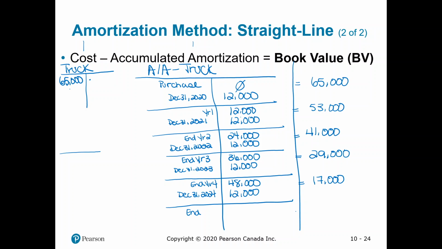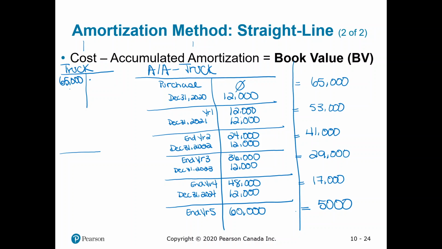Okay, so now I'm getting to the end of year 5. And at this point, my accumulated amortization is $60,000 and my book value is $5,000. So this is where we stop.